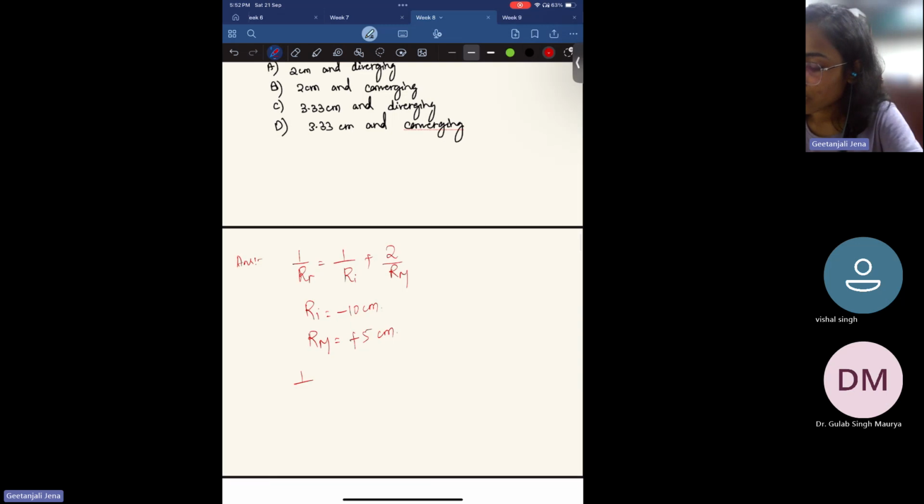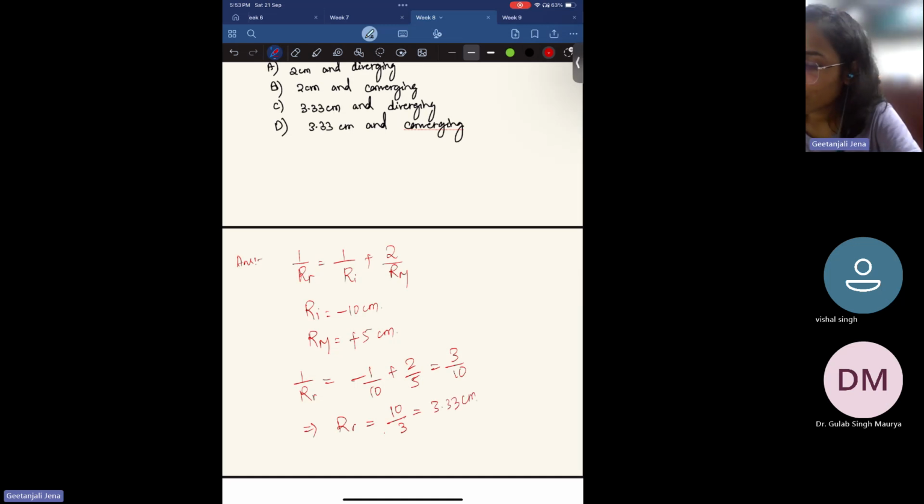So now we just have to calculate what is RR, which is equal to 1 by 10 plus 2 by 5. So if you calculate it, it will come around 3 by 10. So RR will be 10 by 3, which is equal to 3.33 centimeter.